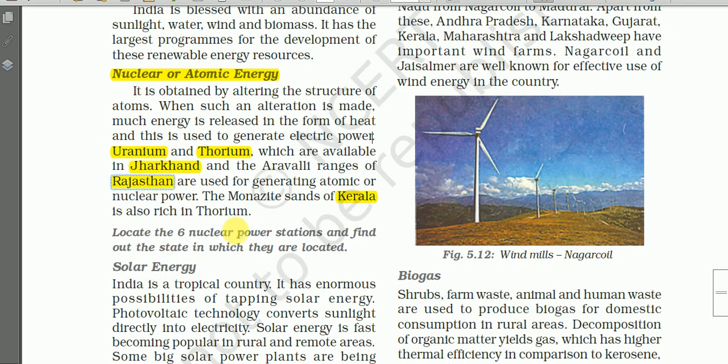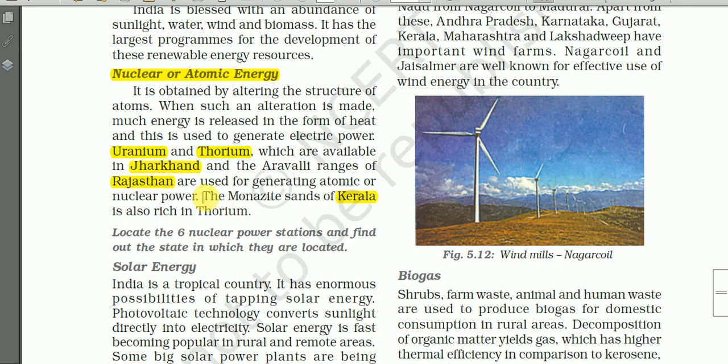Uranium occurs in Jharkhand, and thorium occurs in the Aravalli ranges of Rajasthan. So these are the two important atomic minerals in India, uranium and thorium.